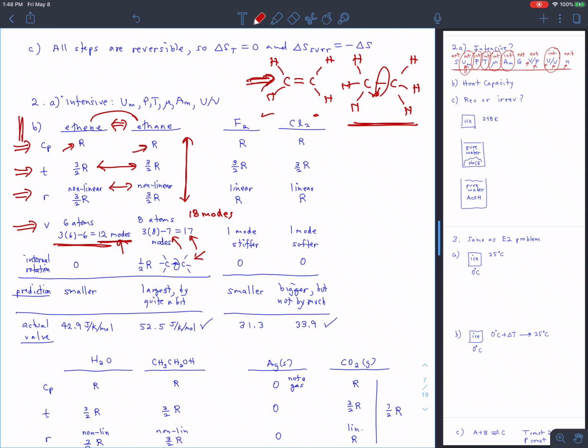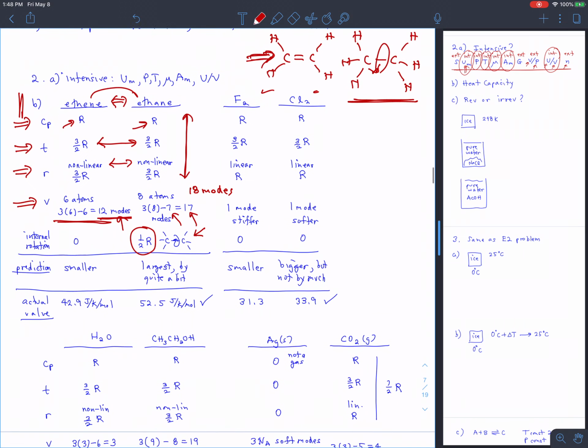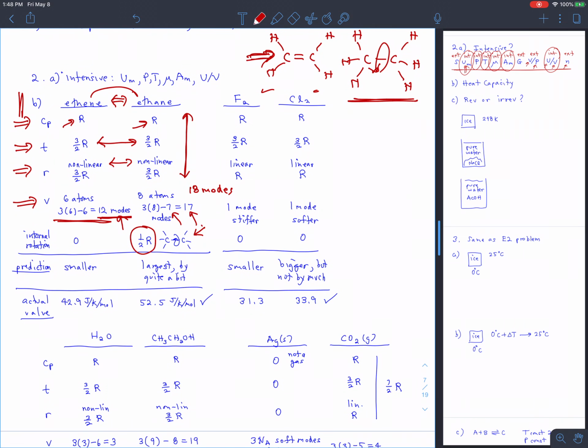And then there's also this extra internal rotation, which will contribute 1/2 R, as we saw in exam 3, to the heat capacity for ethane. More modes and an internal rotation both mean that this contribution should be bigger for ethane than for ethene. And so I say down here, I make a prediction for which one will be bigger.